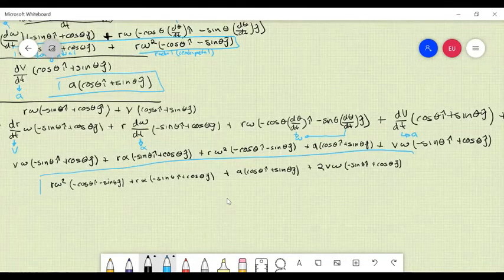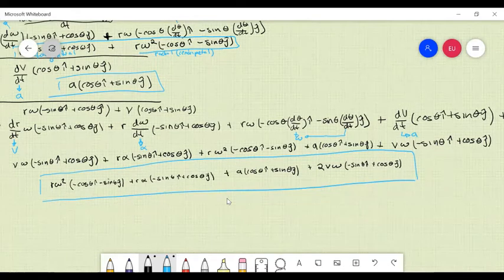All this is the acceleration vector when both of them are changing.